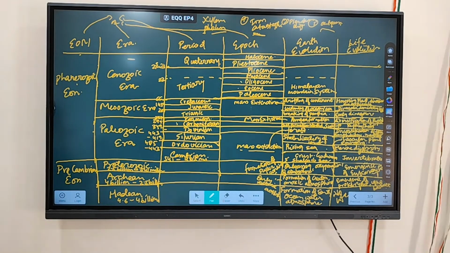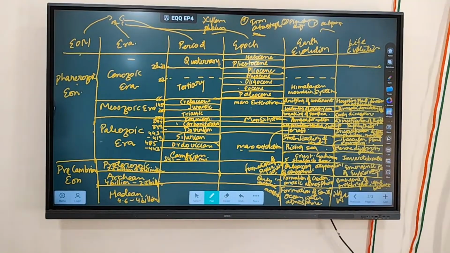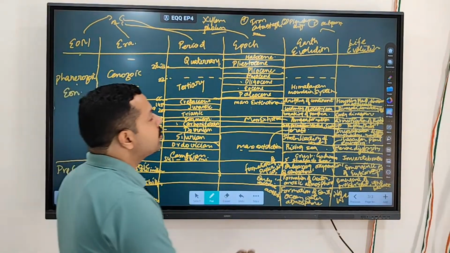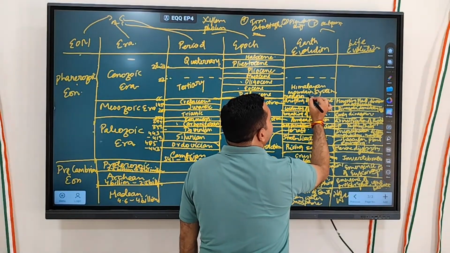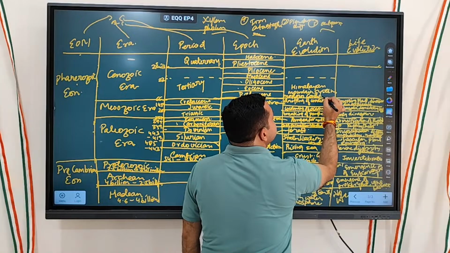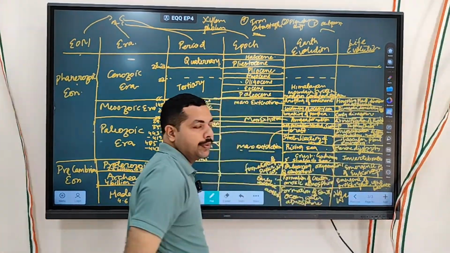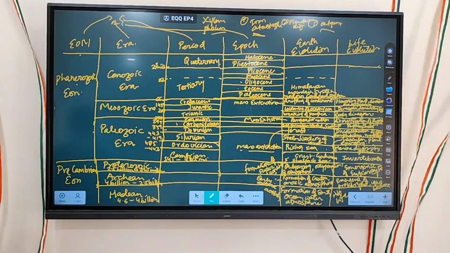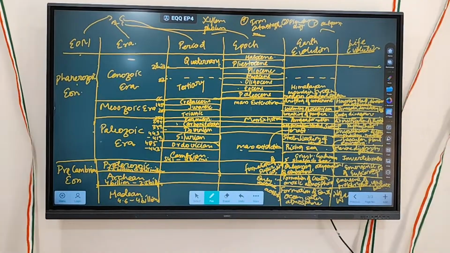Eurasian plate. When the Indian plate collides with the Eurasian plate, the Himalayas are being formed. So this also led to the evolution of what? Modern continent system. What is the modern continent system? Seven continents. So you'll see the evolution of seven continents in this particular system. Clear?